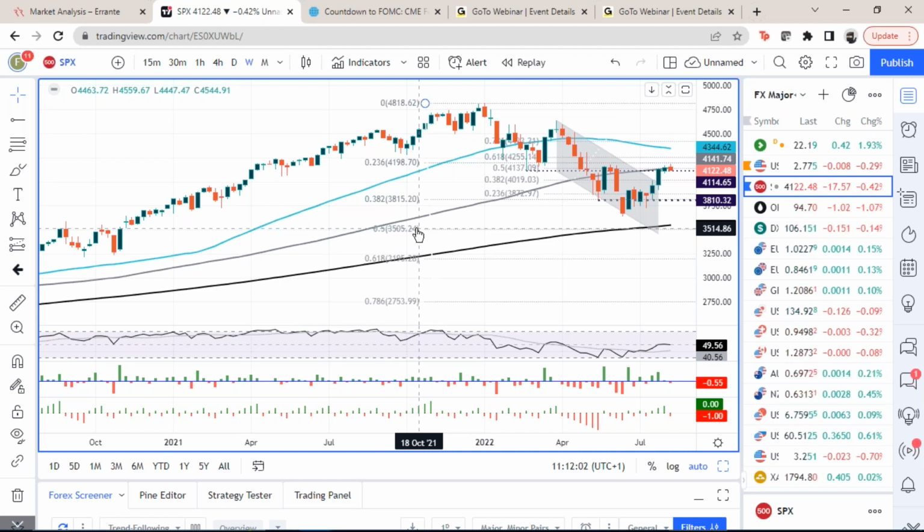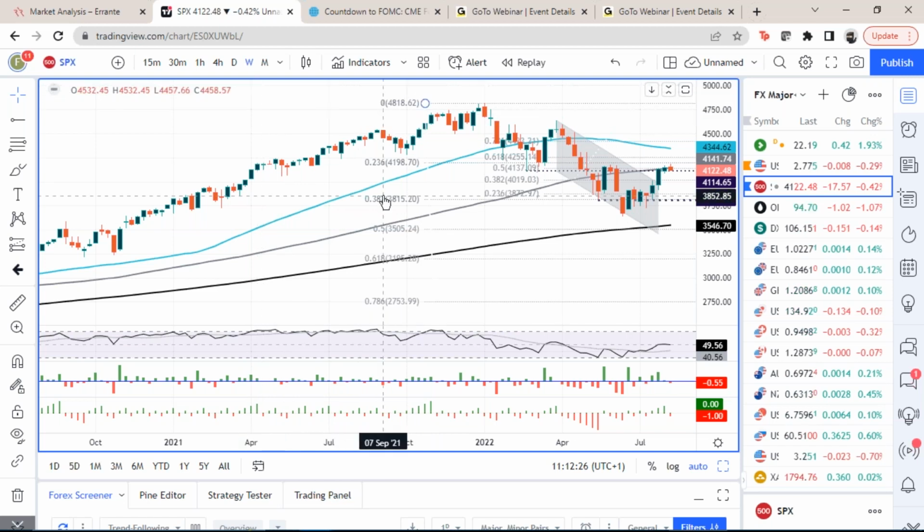July's strong performance contrasts quite starkly with the first 6 months of the year, when the S&P fell over 20%, 21%, and the Nasdaq plunged 29%, the worst half performance for US stocks in more than 50 years. So technically, we like to start with the S&P 500.